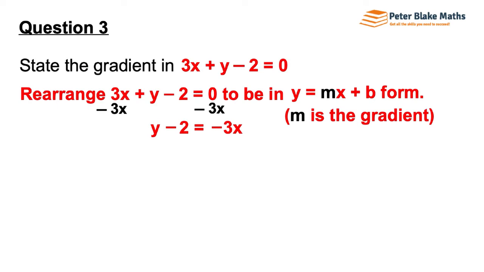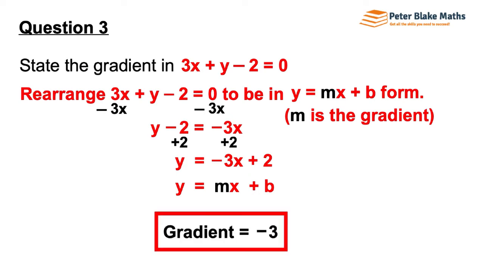Now we want to move the minus 2 by adding 2 to both sides, leaving y on its own. We get minus 3x plus 2, they're not like terms so they can't join up, but we're in the right format now for y equals mx plus b, because m is the gradient we're looking for, the number in front of the x. So the gradient here is minus 3.